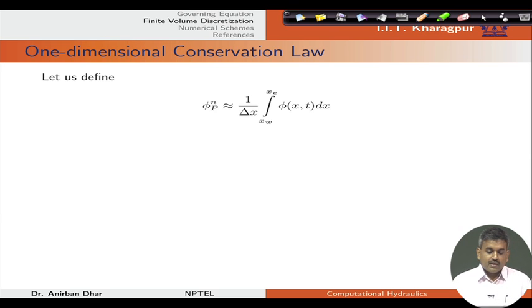Let us define the averaged value of phi p n, that means at any time level n, the cell averaged value we can define like this.